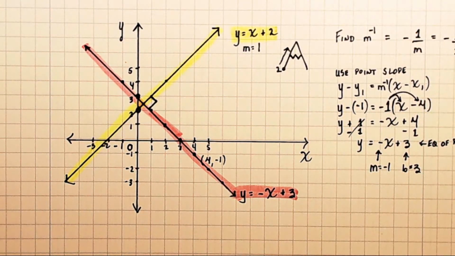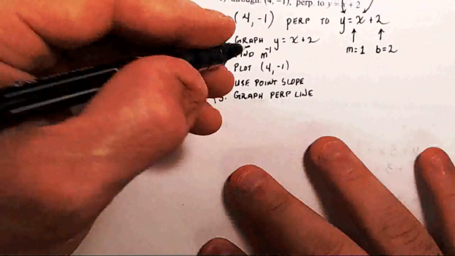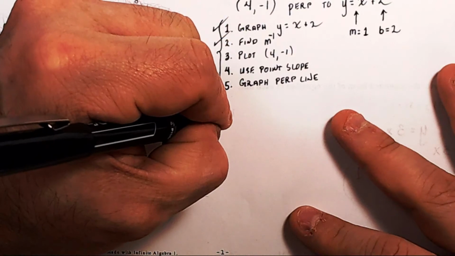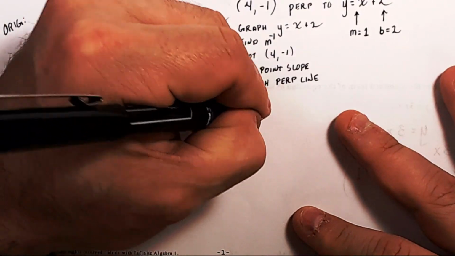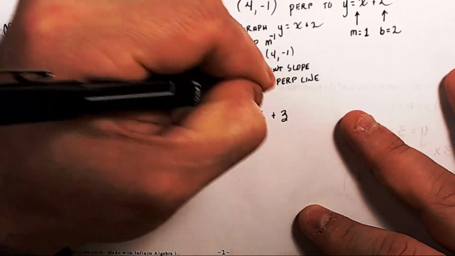So let's transfer our work back to our homework page. So the equation of the perpendicular line is y equals negative x plus 3.